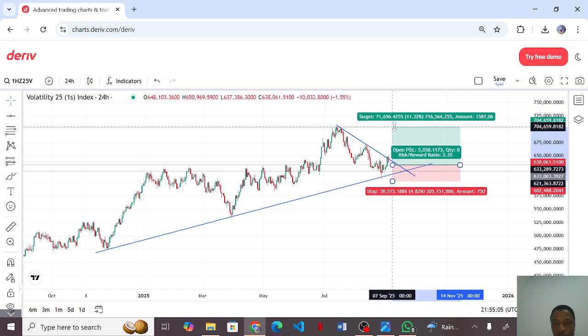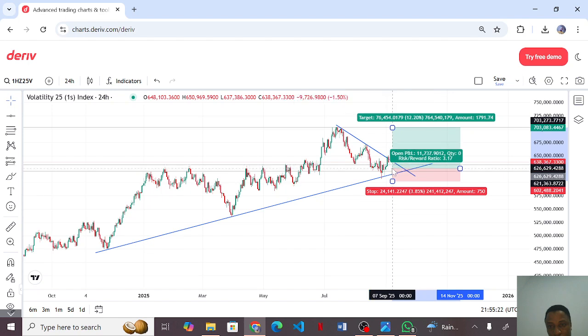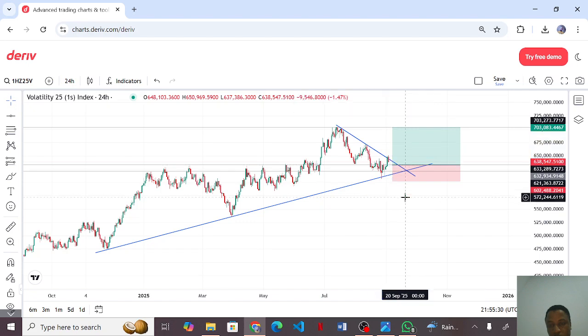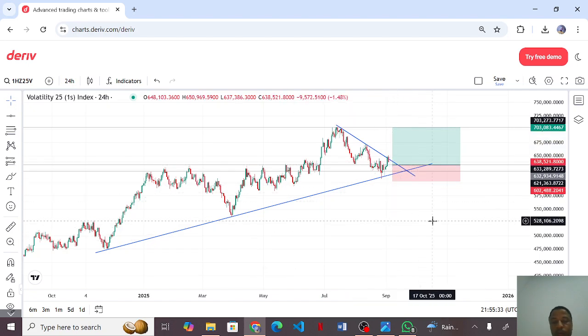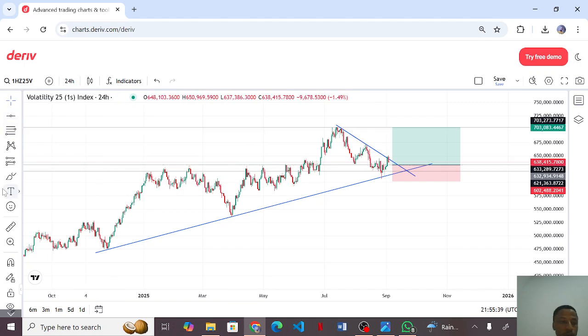Okay, so put it here. So this is like a ratio of 2 to 1. There's that point. So we're expecting our price to react at this point. So this is a good market. This is where we have our entry.